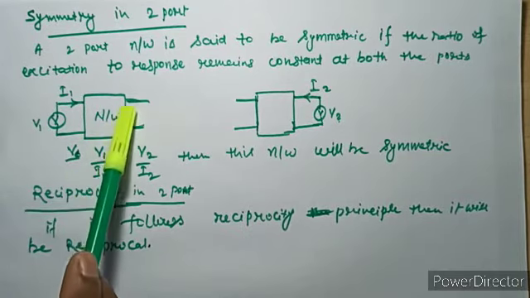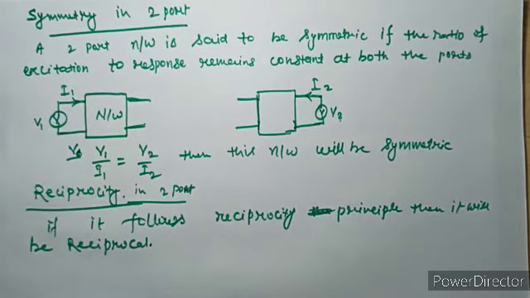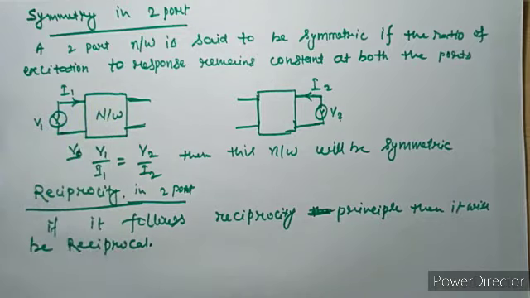Also, this network must not contain an independent source. This may contain dependent sources but not independent sources.